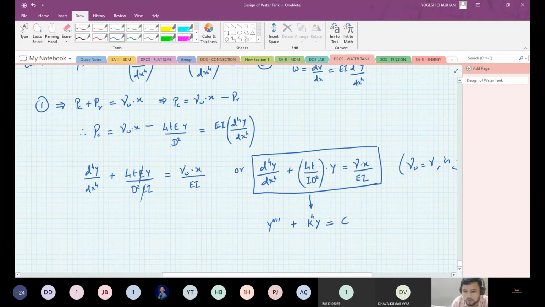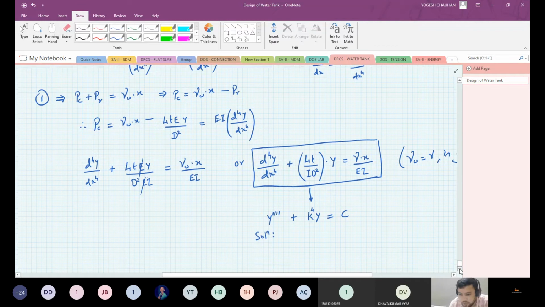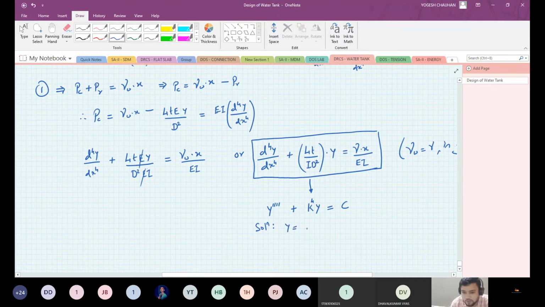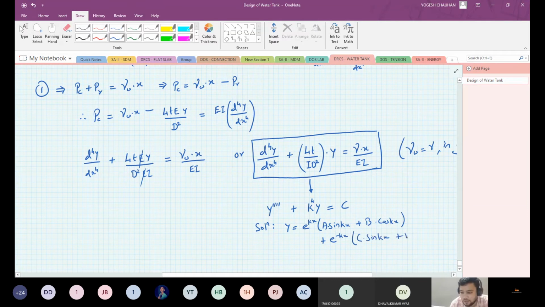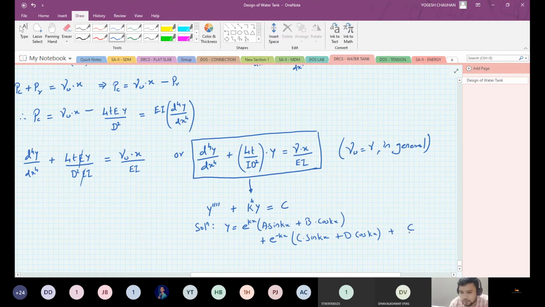And the solution of this expression is y equals e raised to the power kx times a sin kx plus b cos kx, plus e raised to the power minus kx times c sin kx plus d cos kx, plus c by 4 k to the power 4.